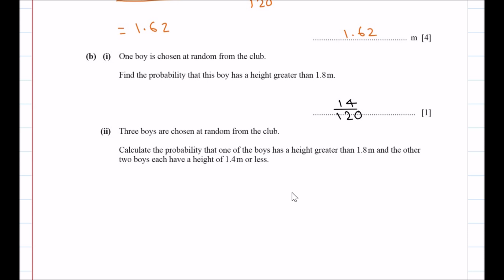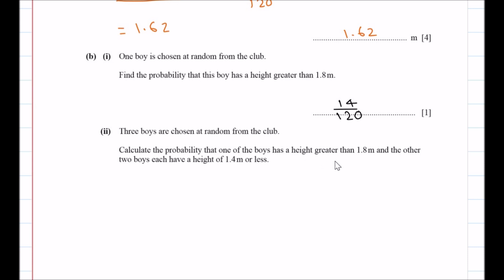Next part. 3 boys are chosen at random from the club. Calculate the probability that one of the boys has a height greater than 1.8 meter and the other 2 boys each have a height of 1.4 meter or less. So we have to select 3 boys.